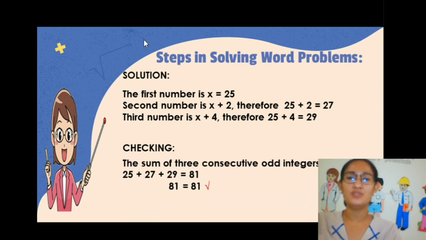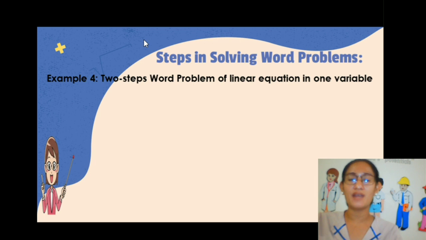Let's check our solution. The sum of three consecutive odd integers is 81. So we have 25 plus 27 plus 29 equals 81. 81 is equal to 81, which is correct.